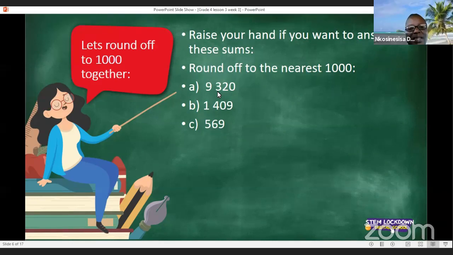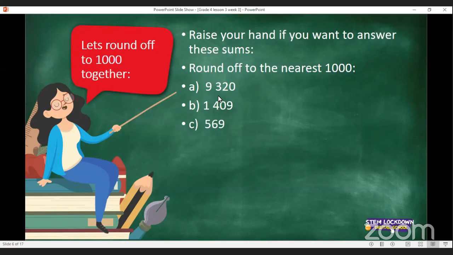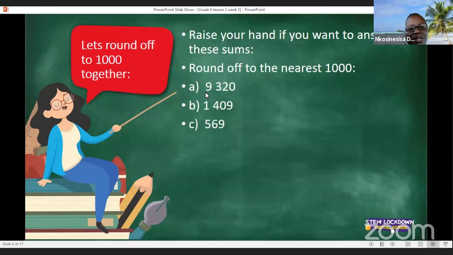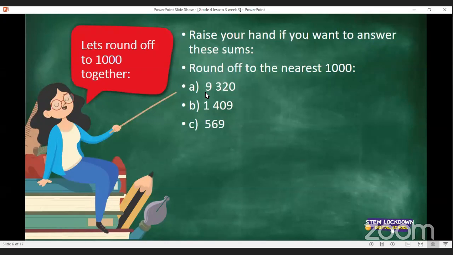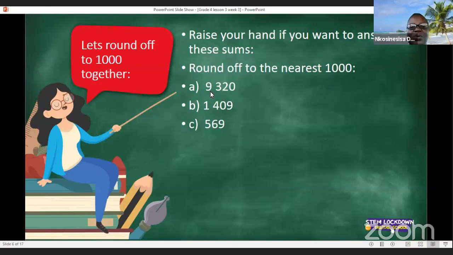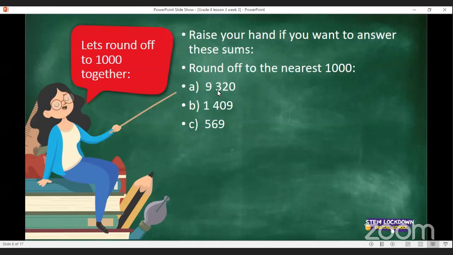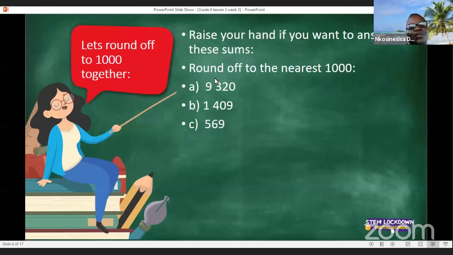So 3 is smaller than 5, right? Yes. And then if 3 is smaller than 5, do we add a 1 on the 9? Yes. No, we do not, my dear. We do not add a 1. We only add a 1 if this 3 is bigger than 5. So if this was 5, 6, 7, 8, 9, that's where we're going to add a 1.